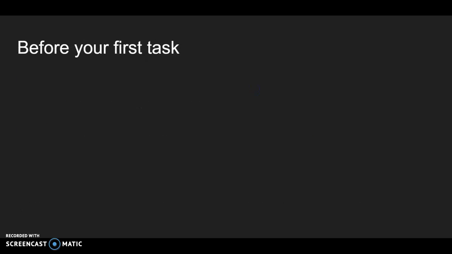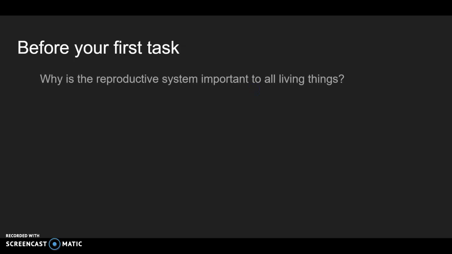Okay, so before I give you your first task, your first official science assignment, there are a few things that I want to cover. So the first question for you to consider is, why are reproductive systems so important to all living things? And it comes down to those essential life functions. And if organisms did not reproduce, they would become extinct.